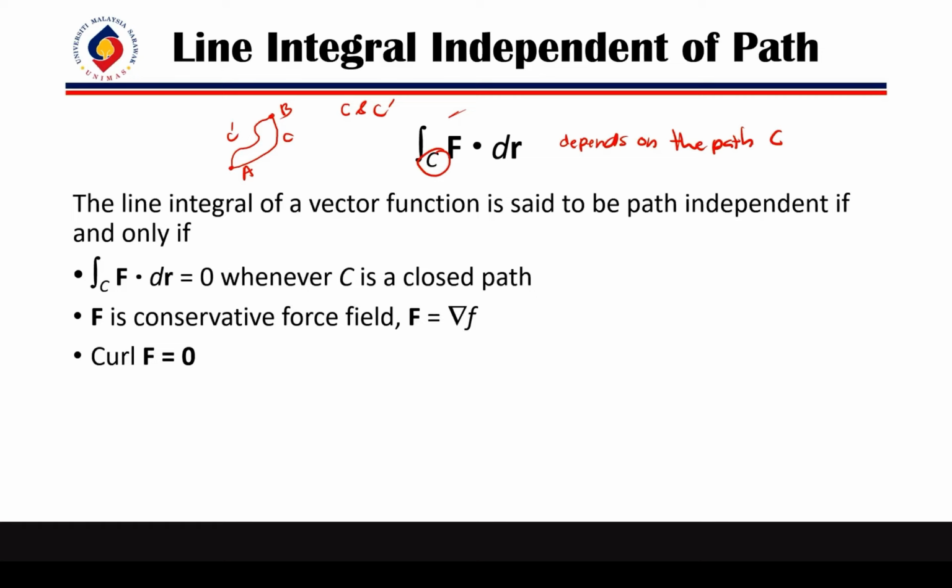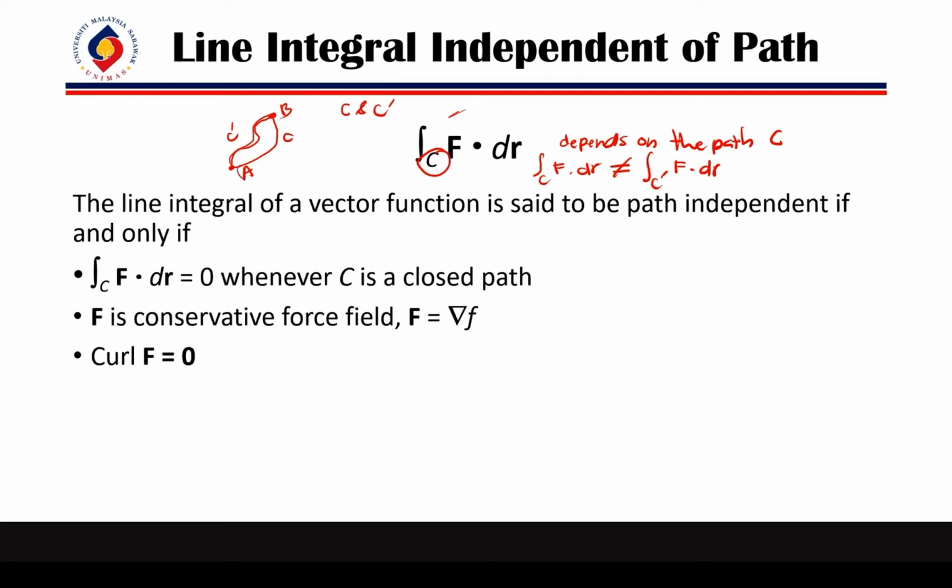So this means the integral over C of F dot dr is not equal to the integral over C prime of F dot dr. Even though the two paths have the same starting point, do you understand?